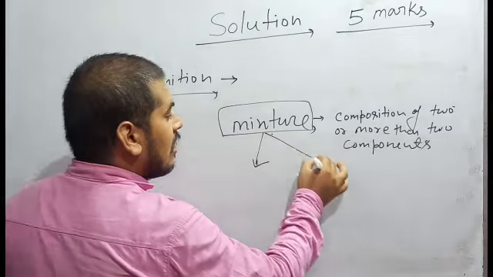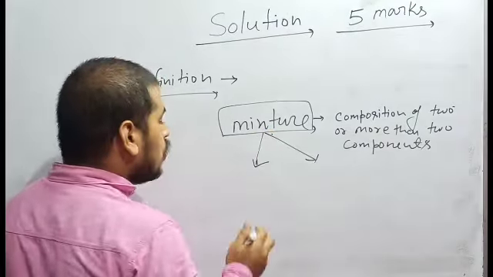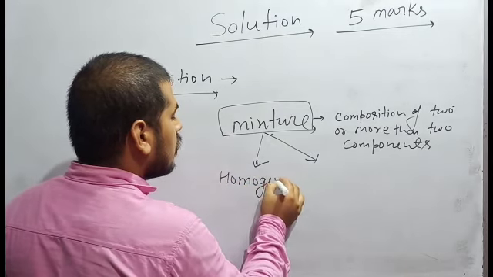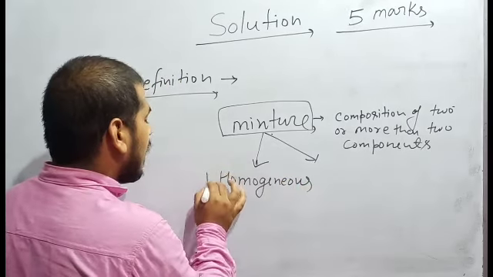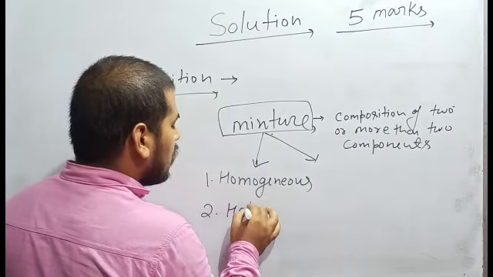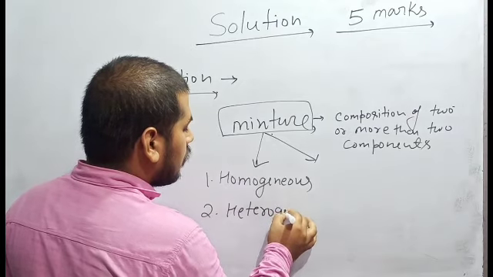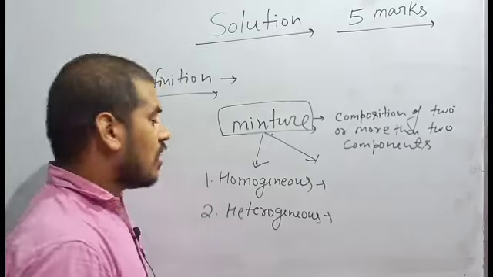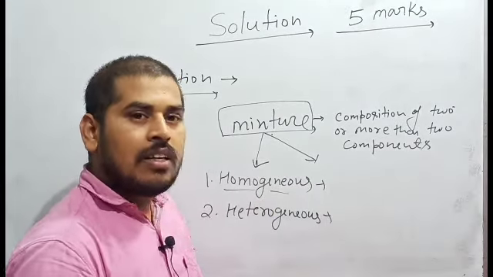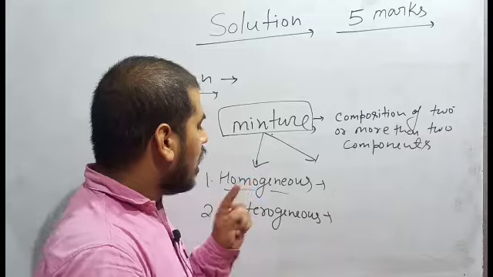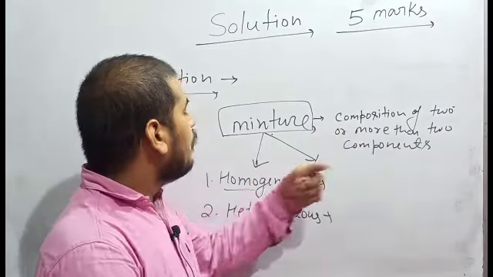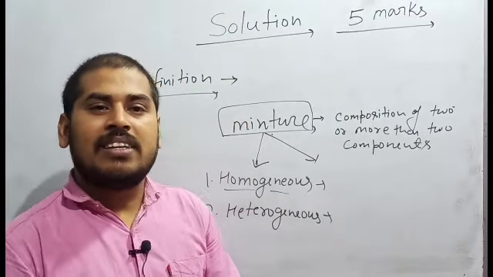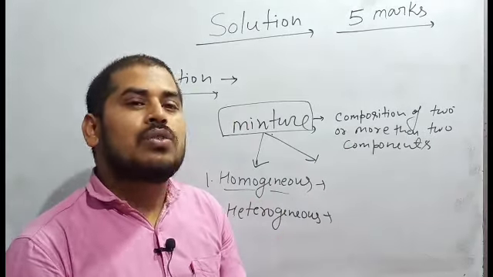Mixture is categorized into two types. First one is homogeneous and second one is heterogeneous. What is a homogeneous mixture? A mixture in which the composition of components or elements is uniform throughout the solution.